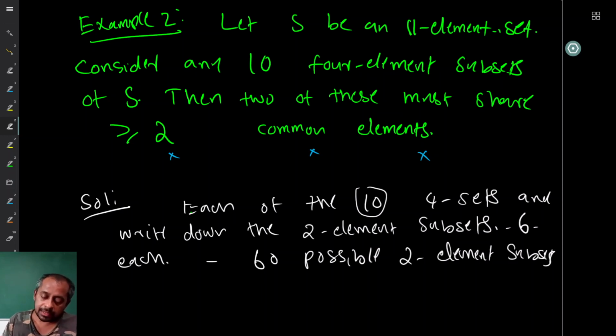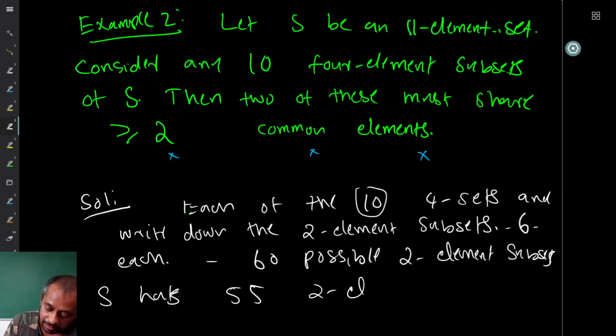Now how do you show this? Well, we started with an 11 element set, right? S is an 11 element set. Now you look at all possible 2 element subsets of this. So S has 55 2 element subsets.